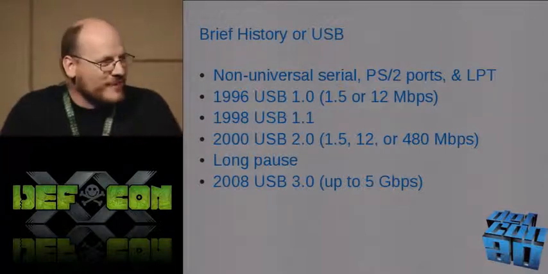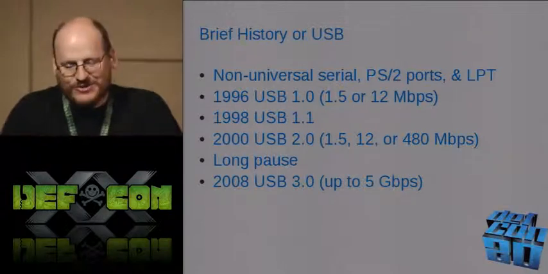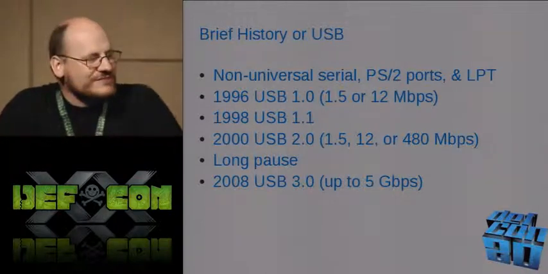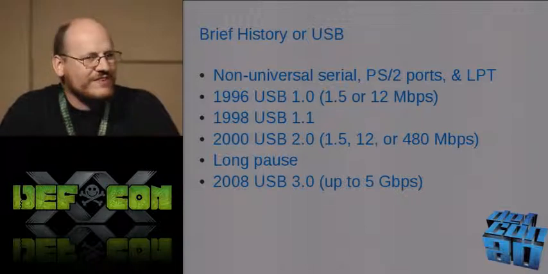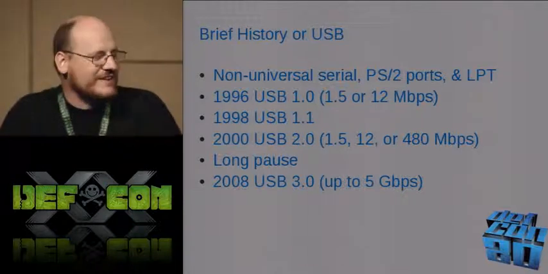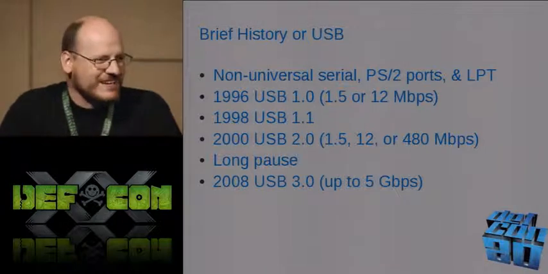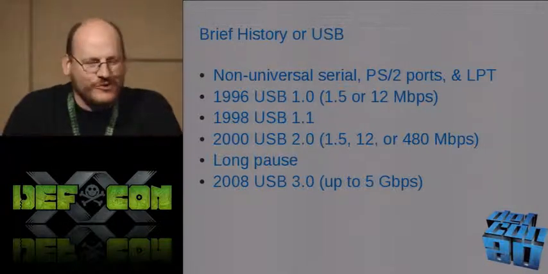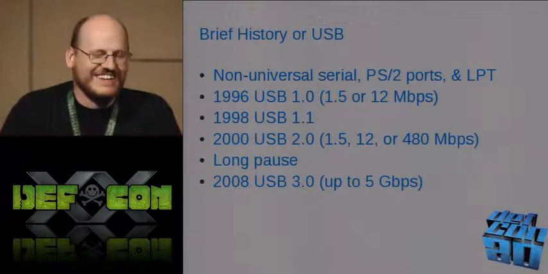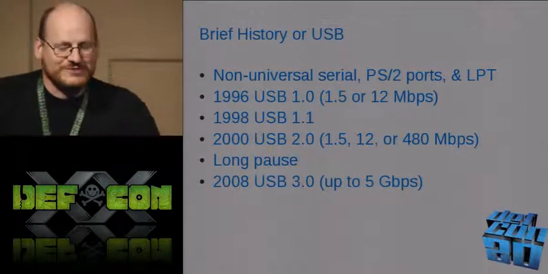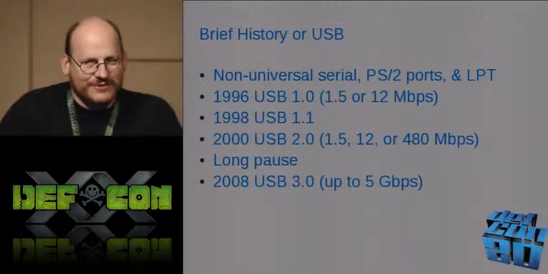Then they kind of took a break for a bit, and they came out with USB 3. We're starting to see some USB 3 devices now that are really getting out there, and they claim speeds of up to 5 gigabits per second. It's kind of like my cable modem internet. Yeah, up to 15 megabits per second. Why is it I always get 3?